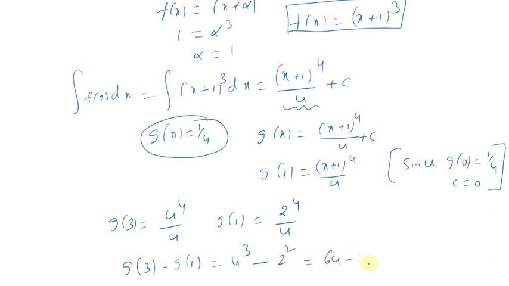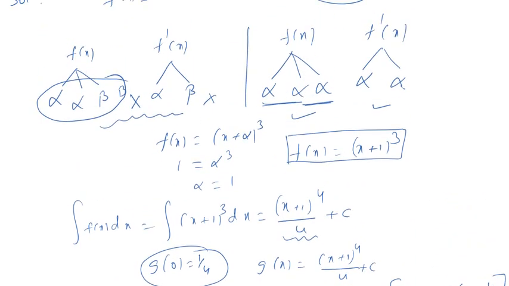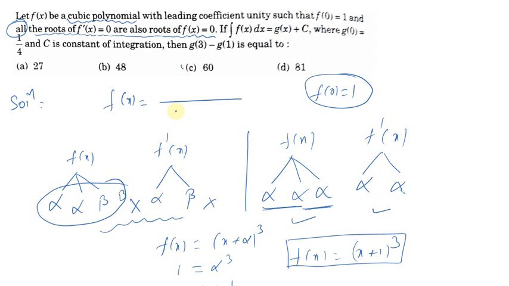This will be 64 minus 4, which is 60. This will be the final solution for this. This is the option.